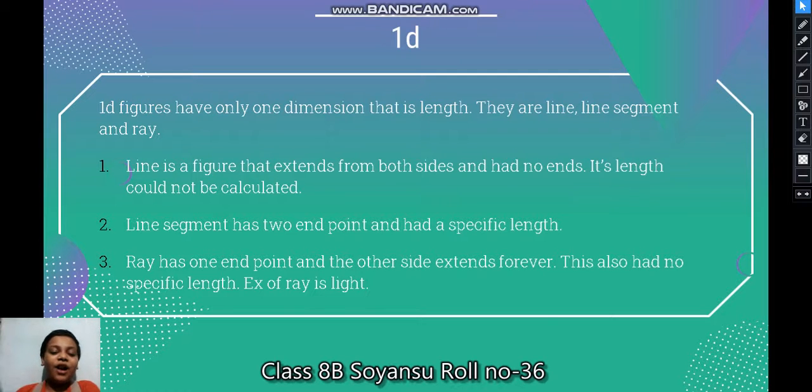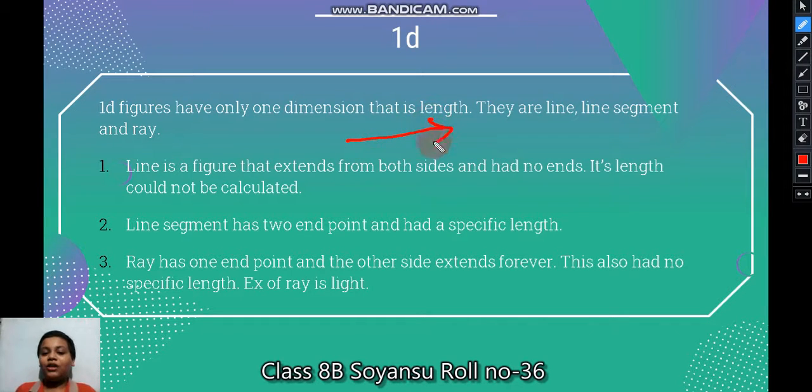A line is a figure that extends from both sides and has no endpoints. Its length cannot be calculated. It goes throughout the universe. But how can we draw a line on paper, because it extends forever?